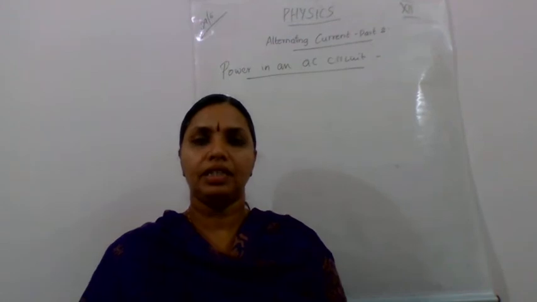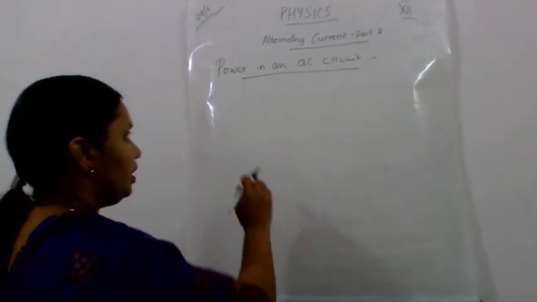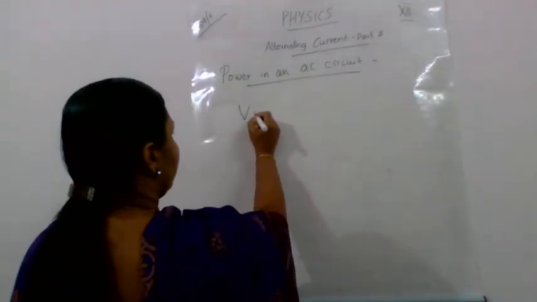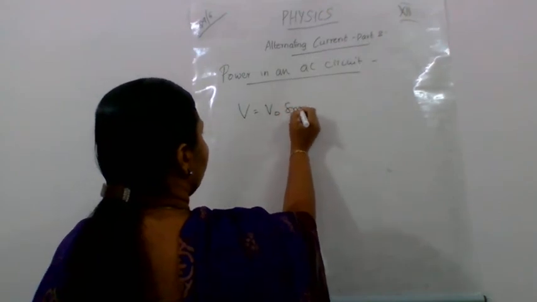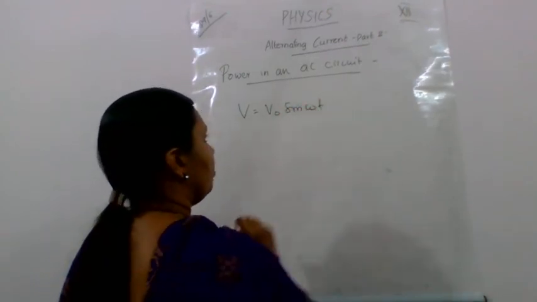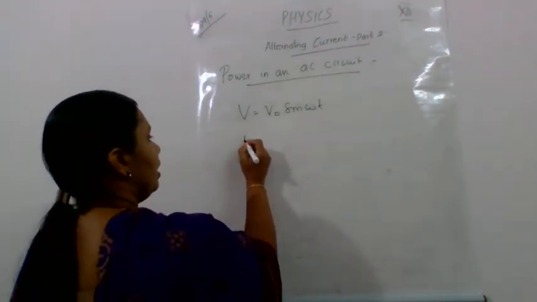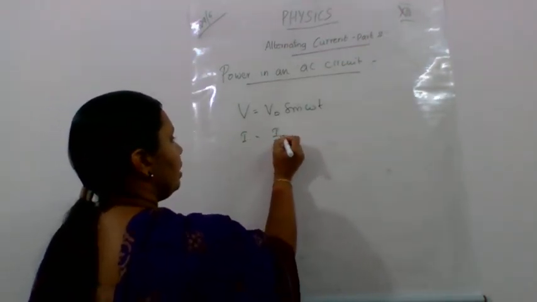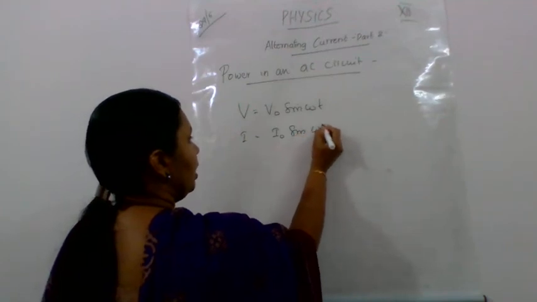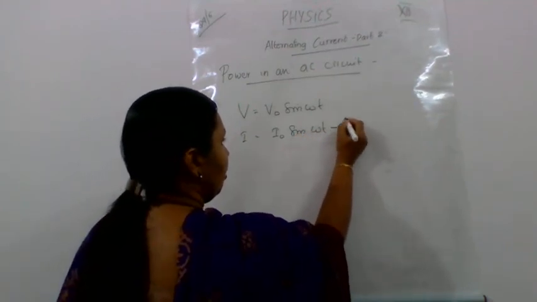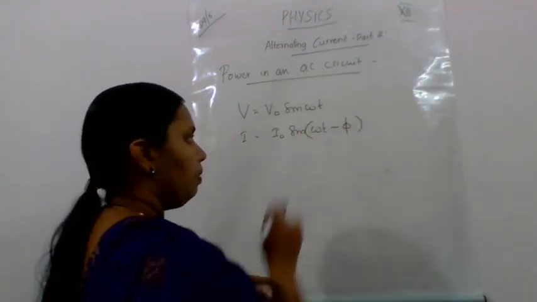In an AC circuit, we know the potential will be V equal to V0 sin omega t. And what will be the current? Current I equal to I0 sin(omega t minus phi).